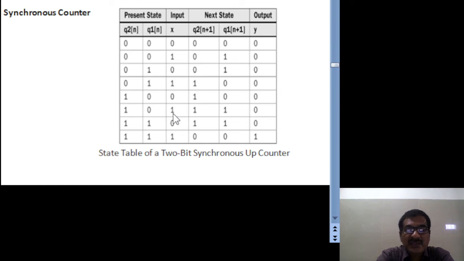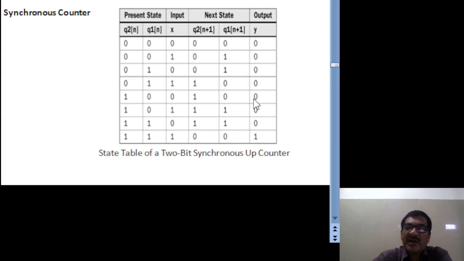Now how to develop the logic diagram for it? Before going to develop the logic diagram, first of all it is better to derive the Boolean equations for y, q1 of n plus 1, and q2 of n plus 1. How to derive? You can take either the mapping method, or you can use Boolean algebra directly.